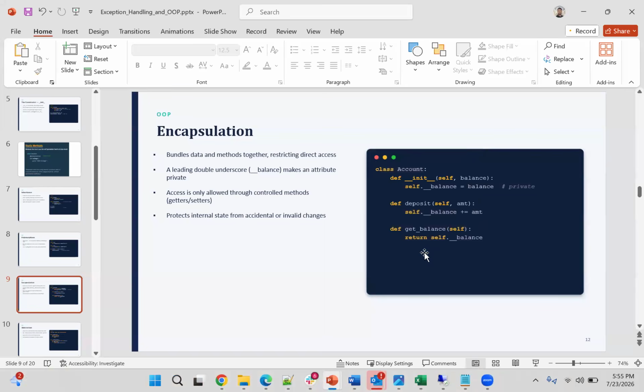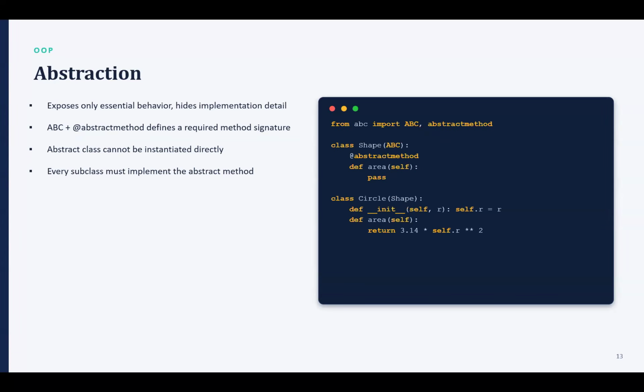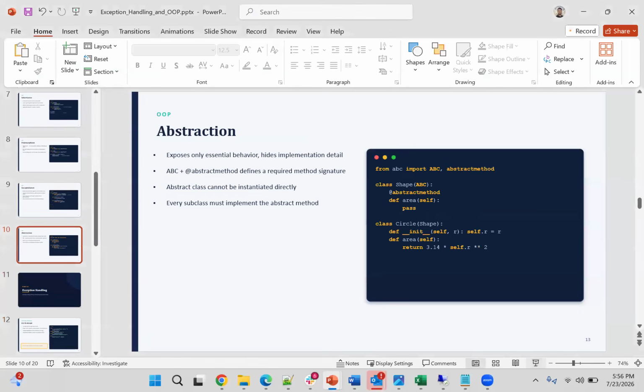So that is what encapsulation is, which is nothing but the binding of all functions along with the variables itself. Abstraction. Any idea what is abstraction? No. So abstraction is basically hiding.